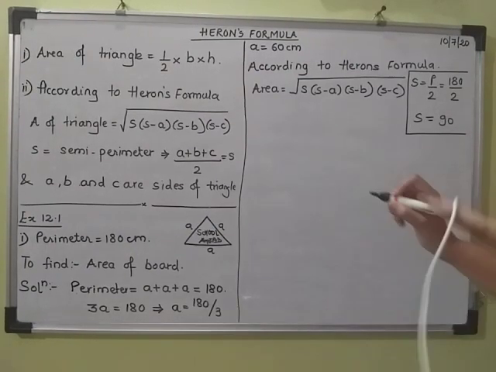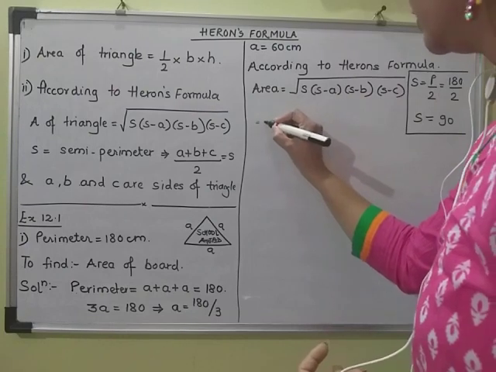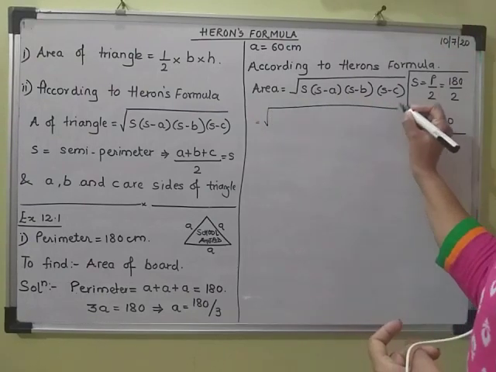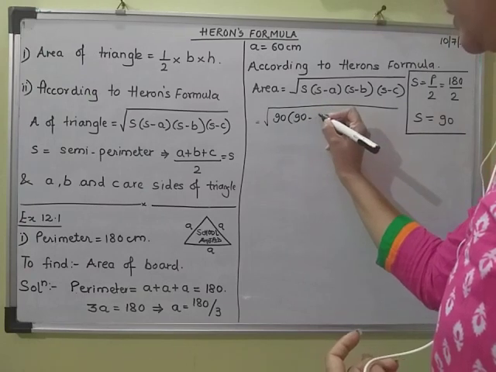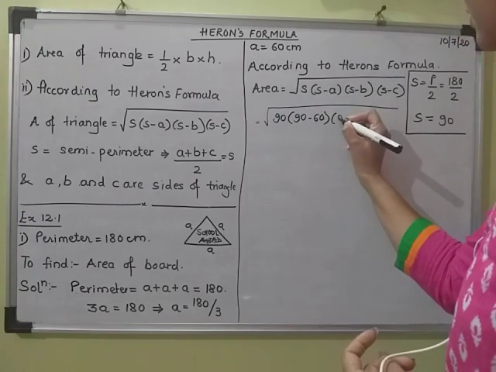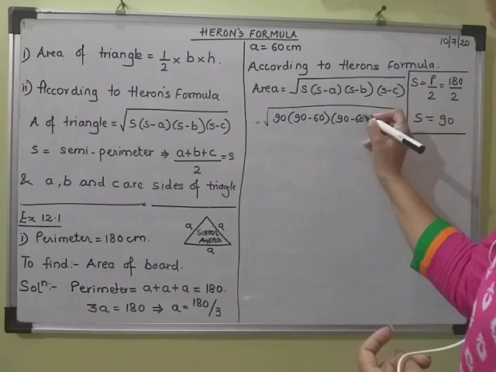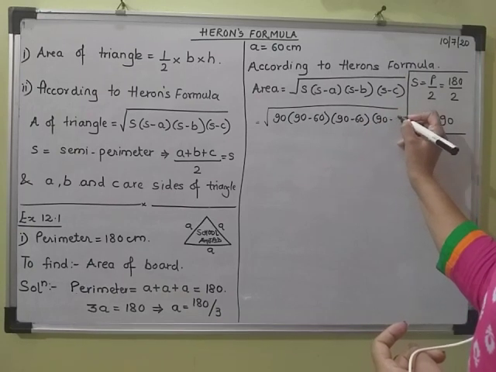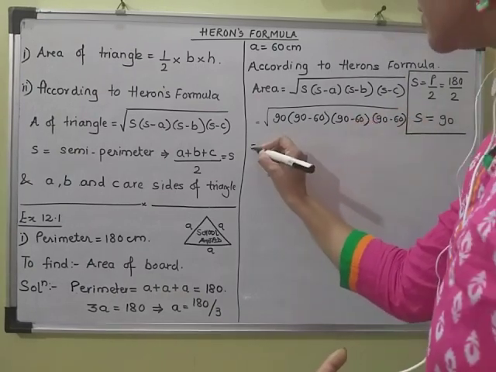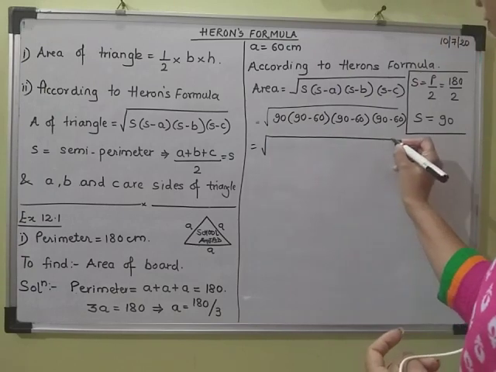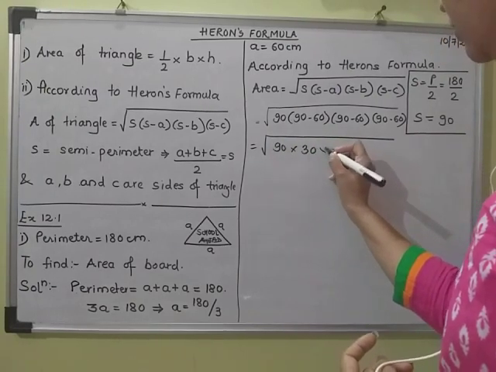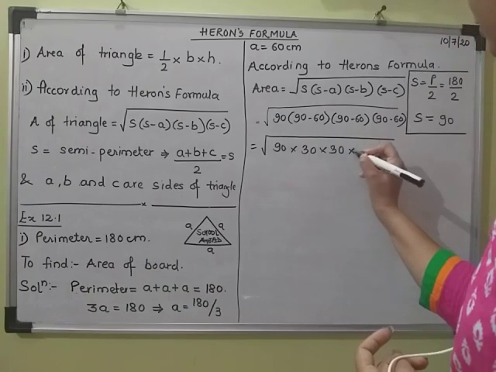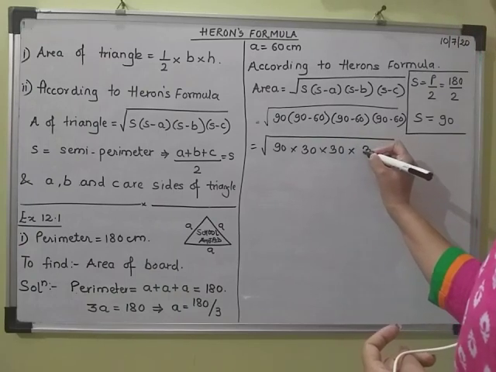Now let us substitute the values and see what we get. 90 into (90 minus 60), (90 minus 60) and (90 minus 60). This is the square root of 90 into 30 into 30 into 30.